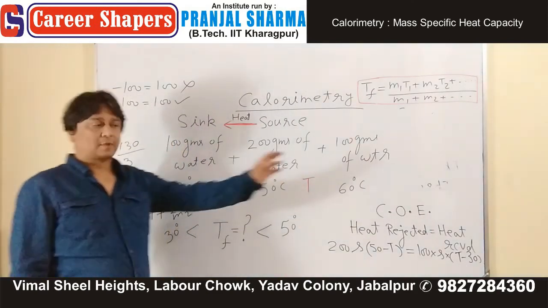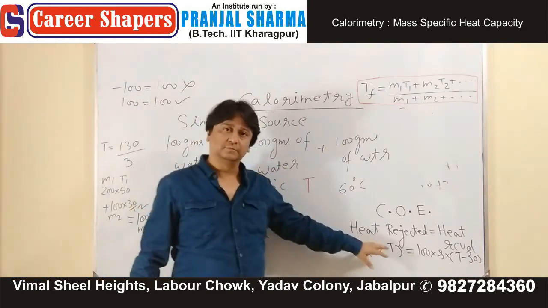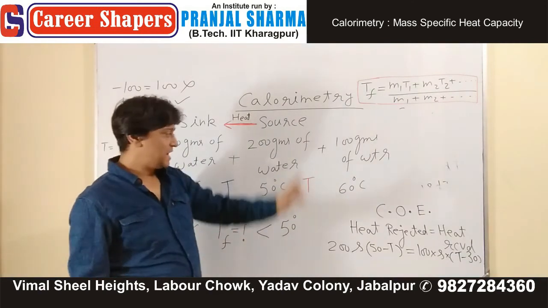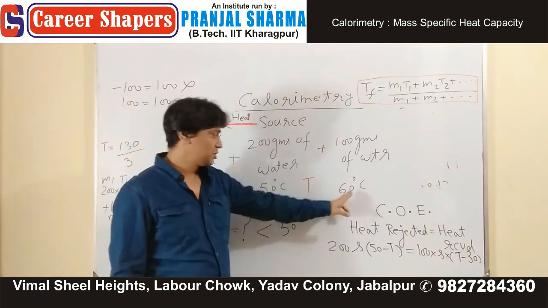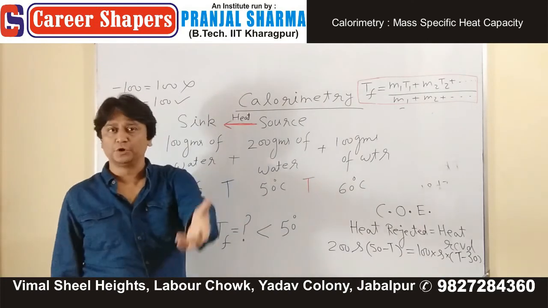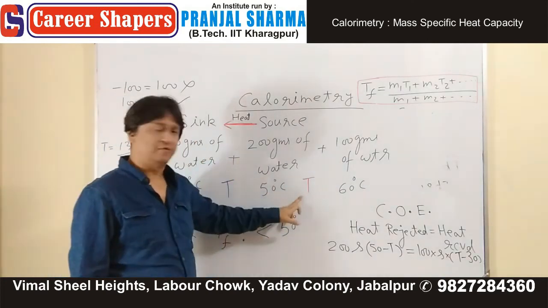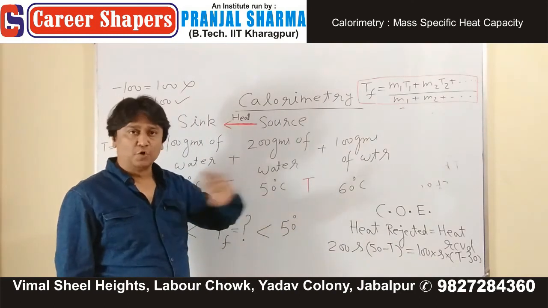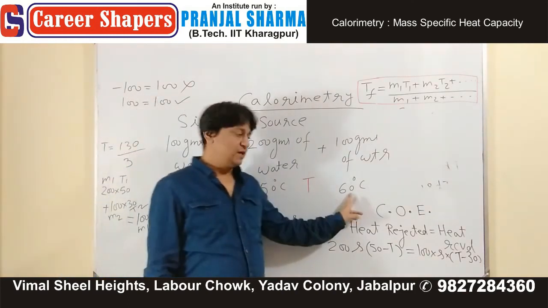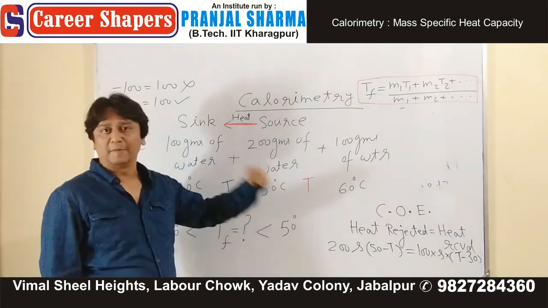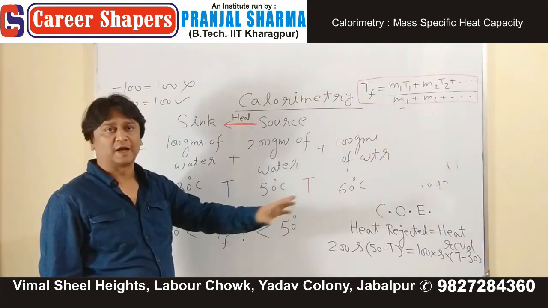Now, when you use this, for the red one, if you decide that temperature is between 60 and 50, it's up to you. If you decide that we'll take temperature between 60 and 50, physics has no issue. Make it source, these two sink, write down the equation, ultimately calculation will give you the correct value.